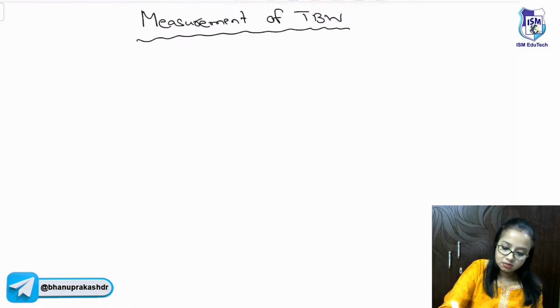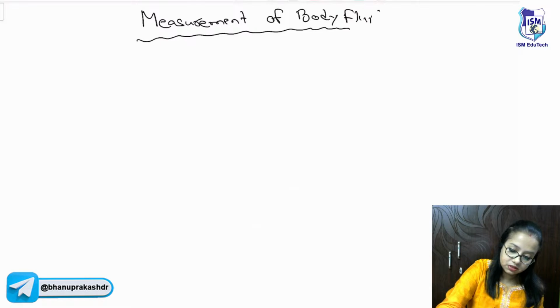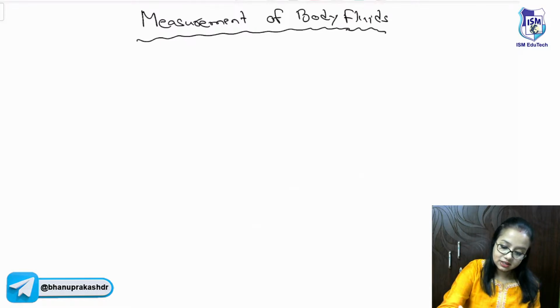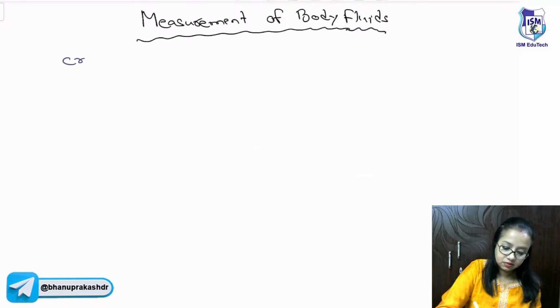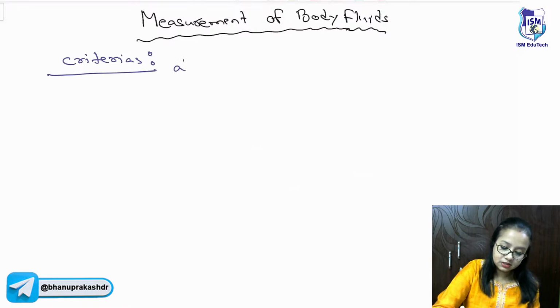Rather, let's write body fluid, because we are going to study all the body fluids, not only total body water. Measurement of body fluids. It will be easy to remember. Now, criteria to study these body fluids. What are the criteria?